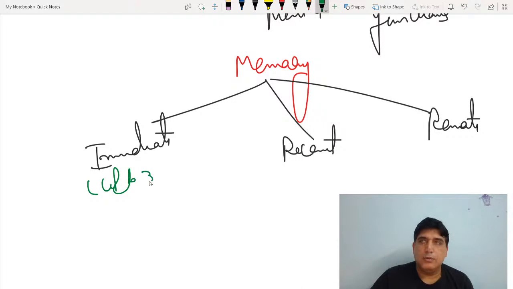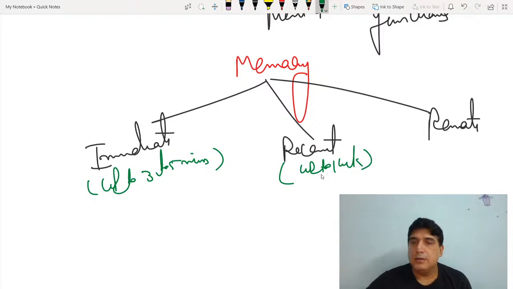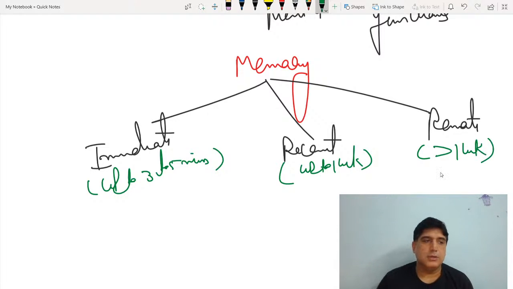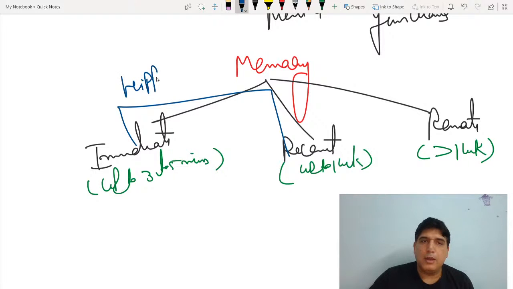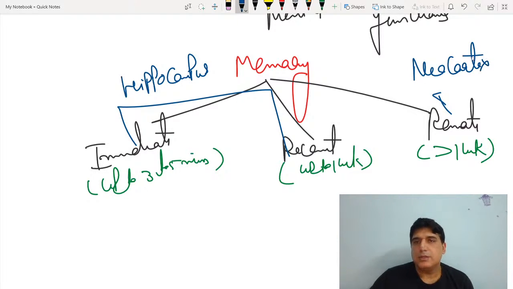Up to 3 to 5 minutes is immediate, up to 1 week is recent, and more than 1 week is remote. Immediate and recent memory are stored in the hippocampus, remote memory is stored in the neocortex. Okay, immediate, recent, and remote memory, we already discussed in classes as well.